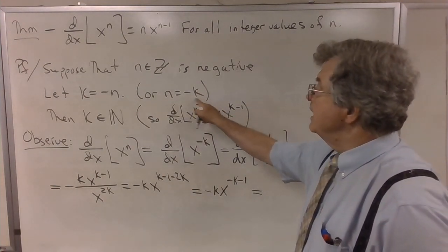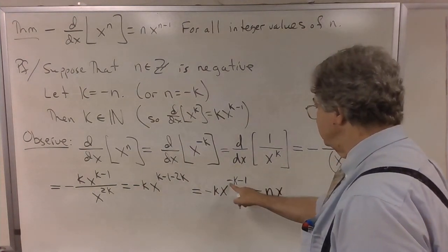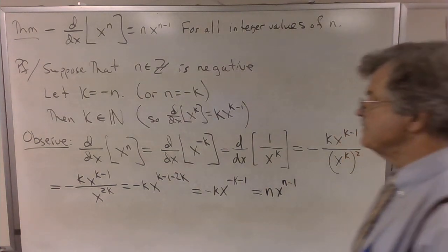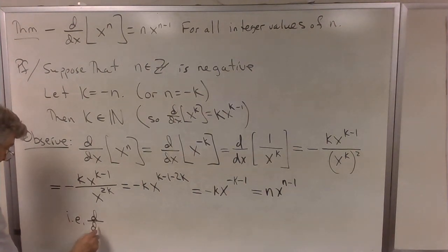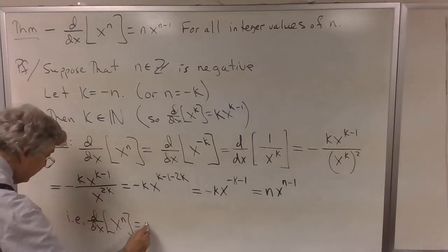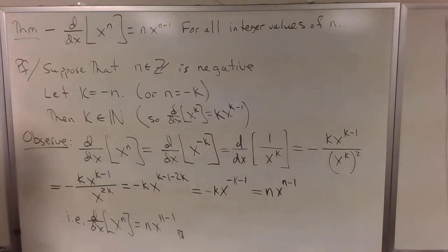Negative k is n. So this is n, x, negative k is n, minus 1. So even if n is a negative integer, the power rule works.